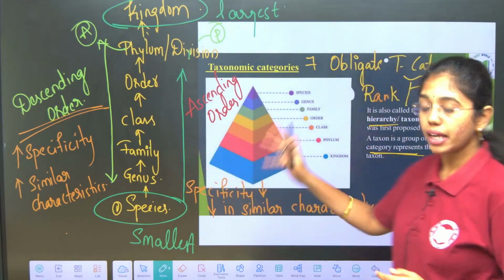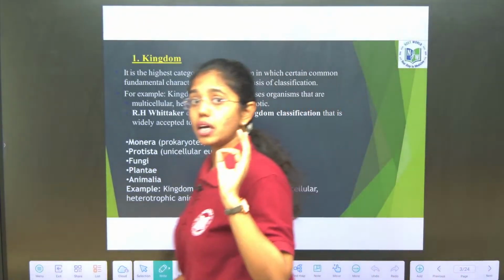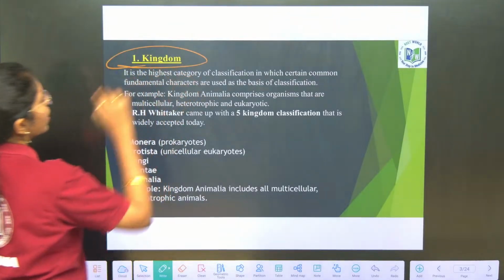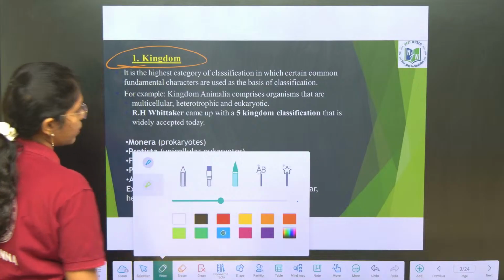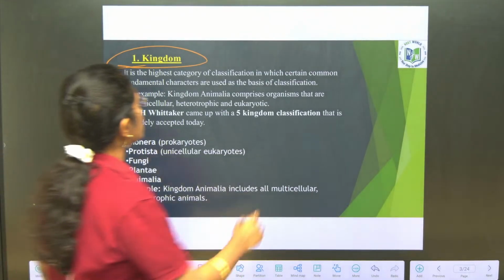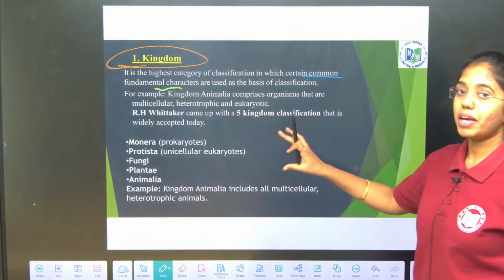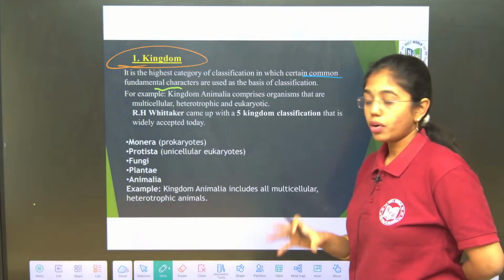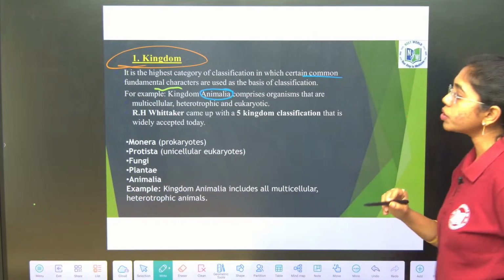taxonomic category in detail. So, first let us move to the kingdom, that is the highest taxonomic category. Kingdom is the highest taxonomic category in the classification that we know, wherein certain common fundamental characteristics are used as the basis of this classification. So, for example, kingdom Animalia will comprise of how many organisms?